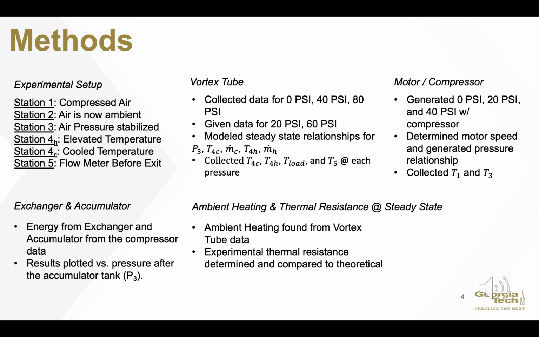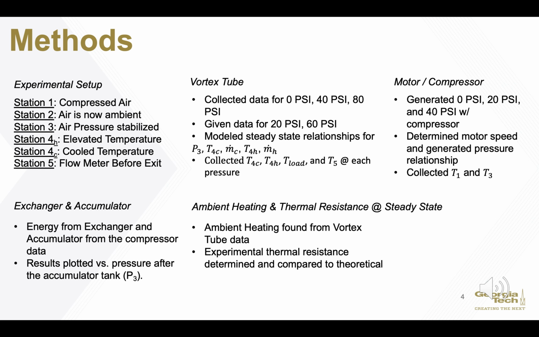The first is the vortex tube. We collected data for 0, 40, and 80 psi. We were actually given data for 20 and 60. We also modeled the steady state relationships for these different values, as you can see on the slide, and collected the temperature values at each of those pressures.